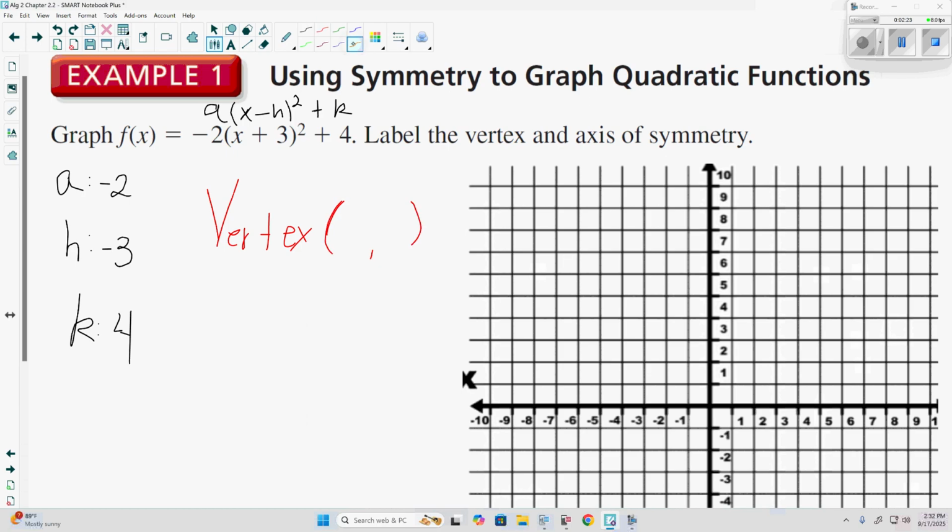Now our vertex is the point h comma k, because when it's given in vertex form, we just need to plug in h and k in their respective spots, and we will have the vertex. Now the value of h for this here is -3. The value of k is +4. So we have our vertex.